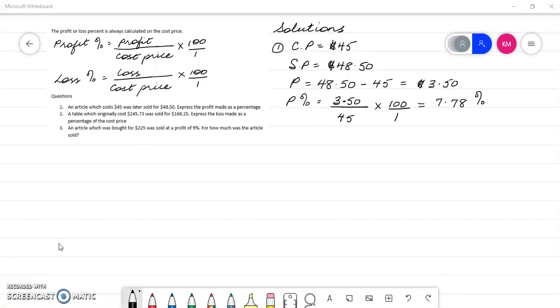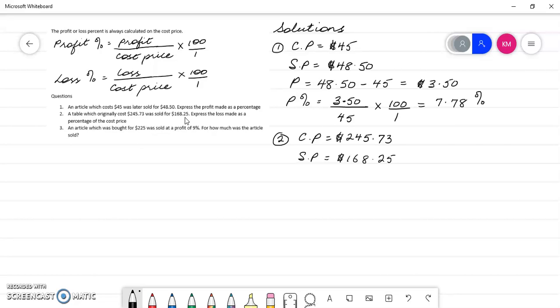Let's move on to number 2. Number 2 reads, a table which originally cost $245.73 was sold for $168.25. So I can immediately write cost price is going to be $245.73, and our selling price is going to be $168.25.